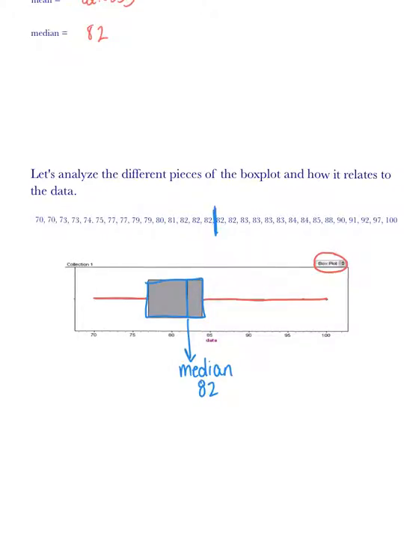So if that is my median, let's talk about why they decided to start the box here, at 77. Well, this is called quartile 1, or Q1. And that is the median of the first half of the data.